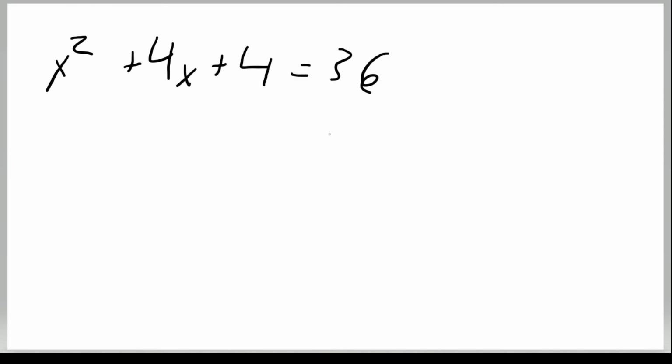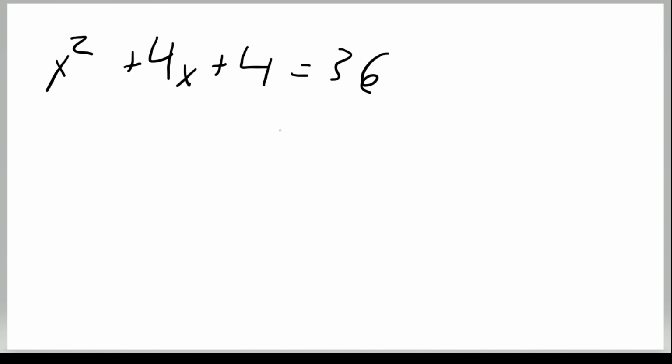Okay, now we're going to solve harder equations by square roots, but we're going to factor them first. So, we're given the equation x squared plus 4x plus 4 equals 36.